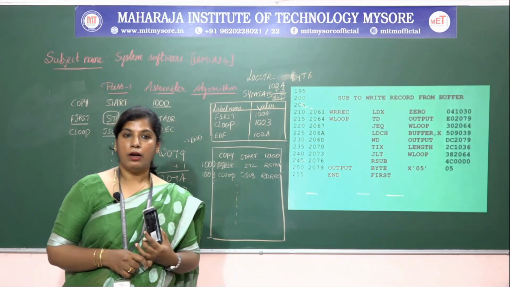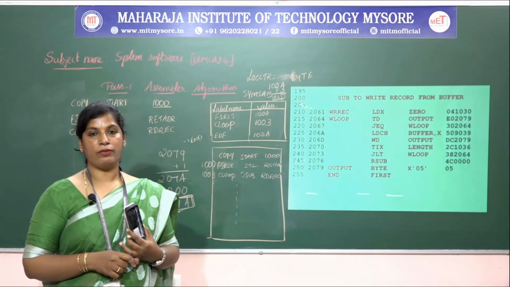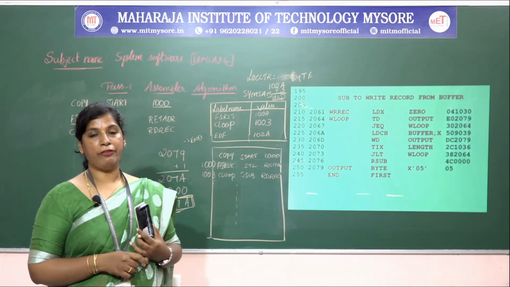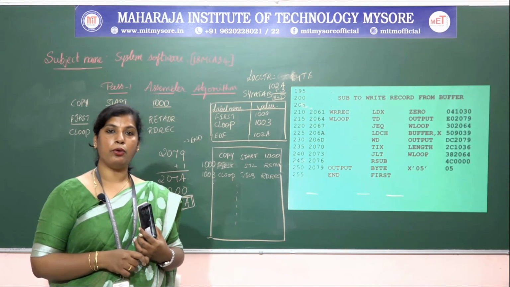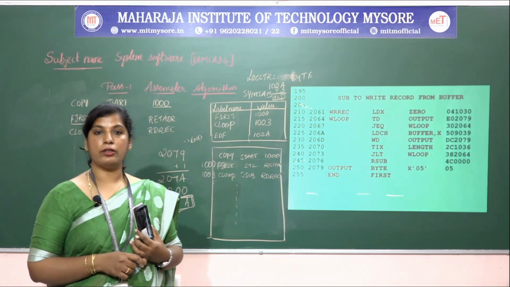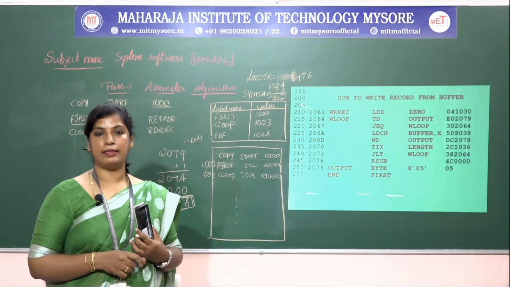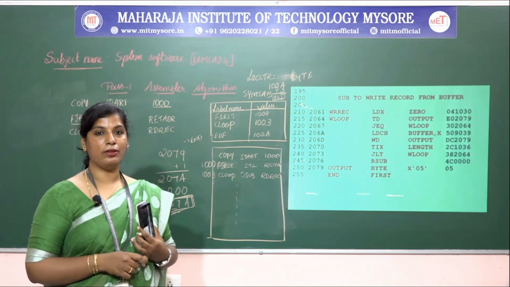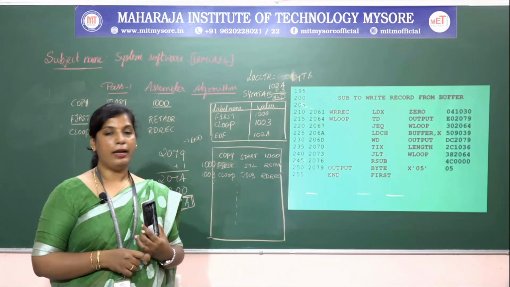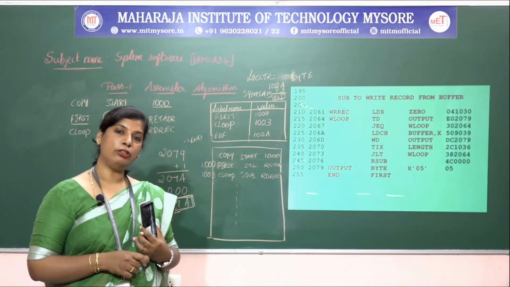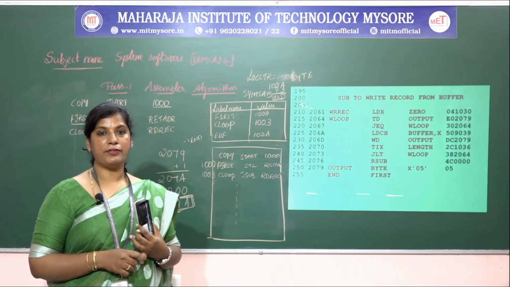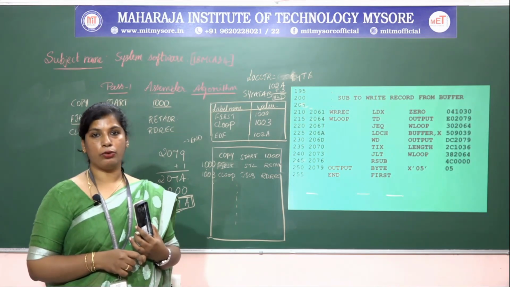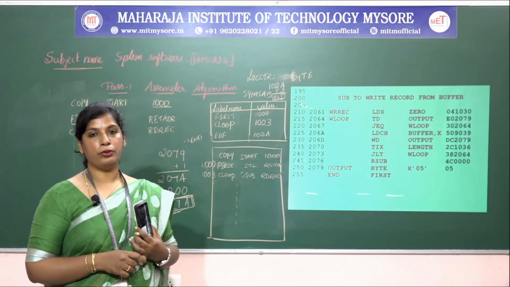Then it verifies whether the instruction is valid by looking up the instruction name in the opcode table. If it is there, it is a valid one, and it adds 3 to the location counter, because that instruction length is 3 bytes. If it encounters any assembler directives, such as WORD, RESB, or BYTE, it finds out the length required for that constant and reserved area, and the location counter value is incremented accordingly.